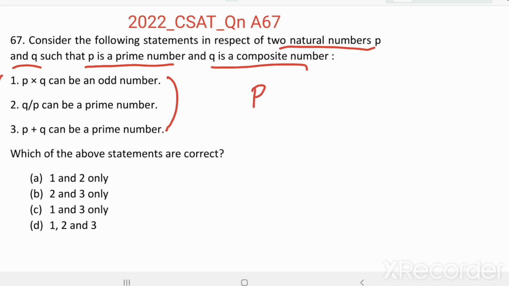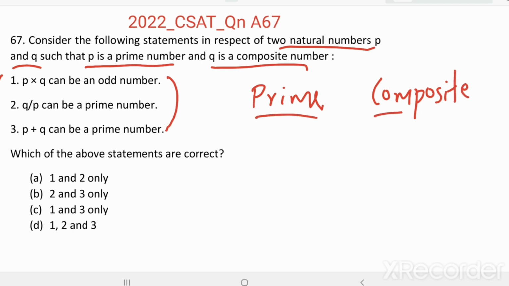One is prime and the other is composite. P is a prime number and q is a composite number.